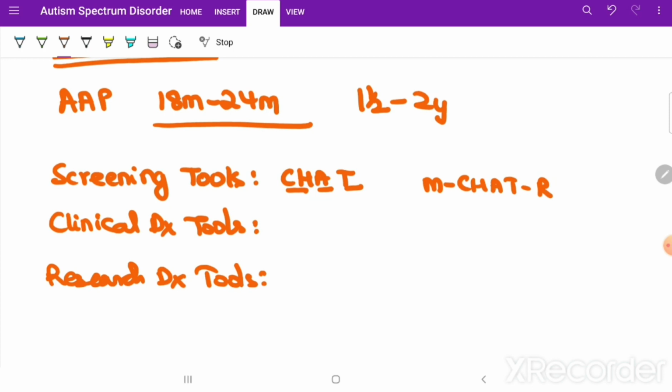If ASD is suspected, child psychiatrists, psychologists, and developmental pediatricians experienced in assessing children with ASD are contacted, and further assessment is done. For diagnosis, among the standardized diagnostic checklists, the most important one I'll mention is CARS-2, the Childhood Autism Rating Scale, second edition.